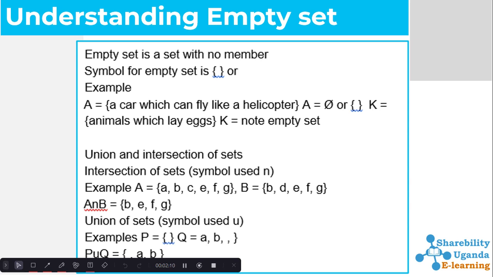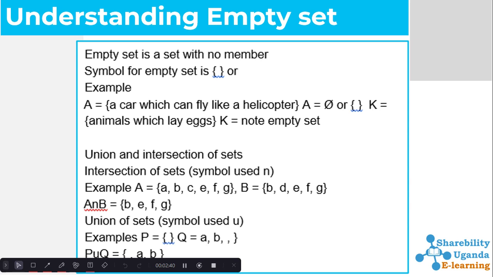It is just empty. So here we are defining an empty set as a set with no members. It is a set without elements, a set without objects, a set without items, something of that kind. That's what you have to bear in mind when we are talking about empty sets.